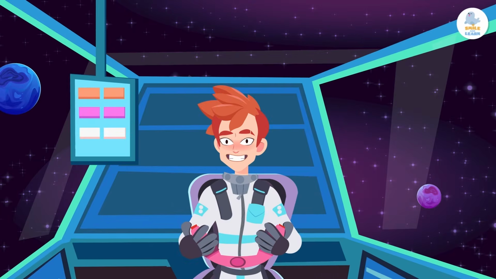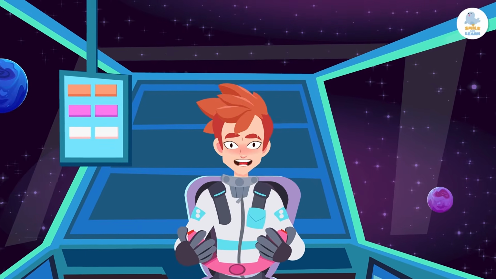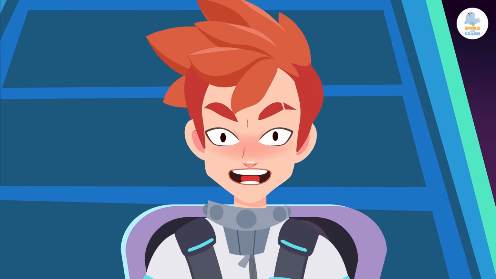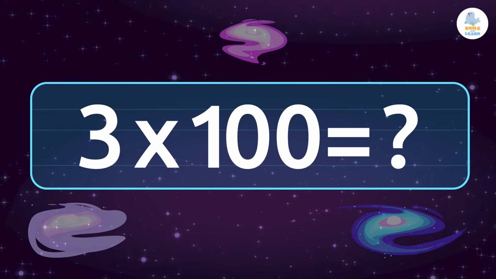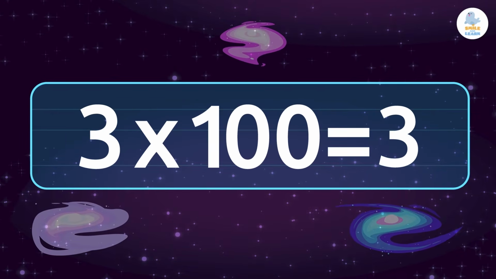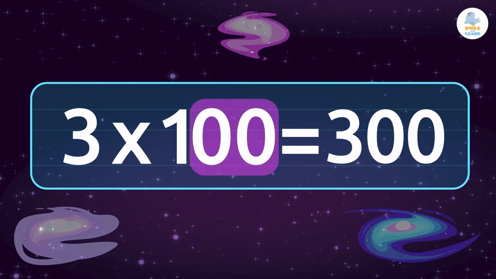How do we know how many there are in total? We can multiply the traditional way, but we want to do it faster. So, first we write the number 3, and then we simply add 2 zeros from the number 100. There are 300 stars.